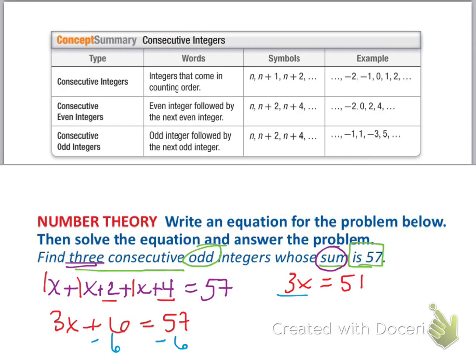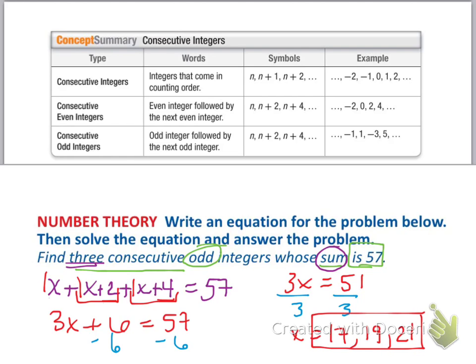Divide both sides by 3. X equals 17. That's the first number. The next number would be plus 2 more. So 19, plus 2 more, 21. And if you add those 3 numbers up, you will find that the answer is 57.